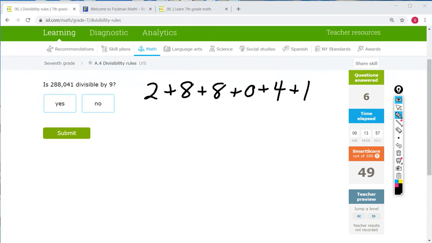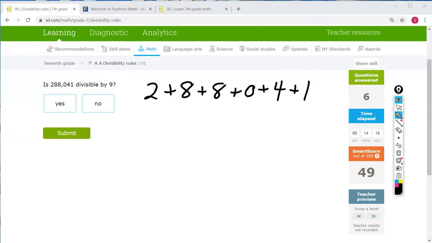Remember, this is the rule for 9 and 3. You don't have to do this for every other number. You might have to do it for 6 also. If it gives us a 6 question, then I'll get to that also. But you don't have to add the digits up for every single one of these problems.